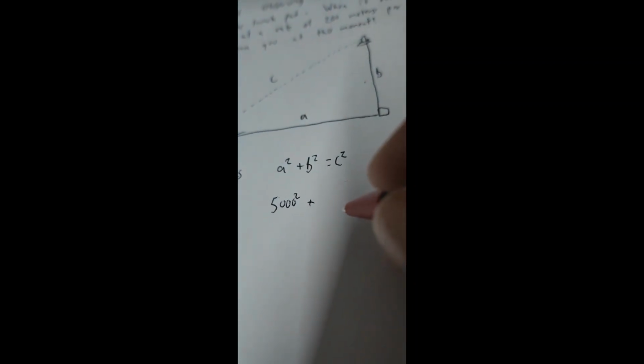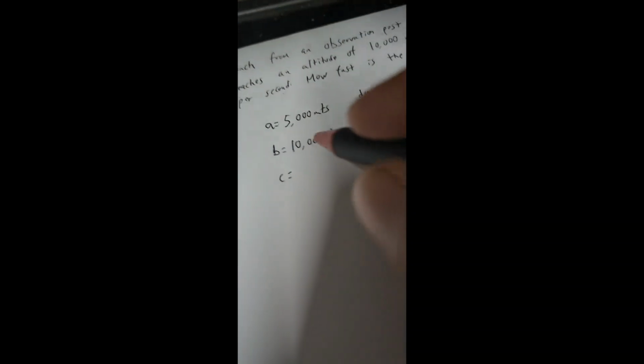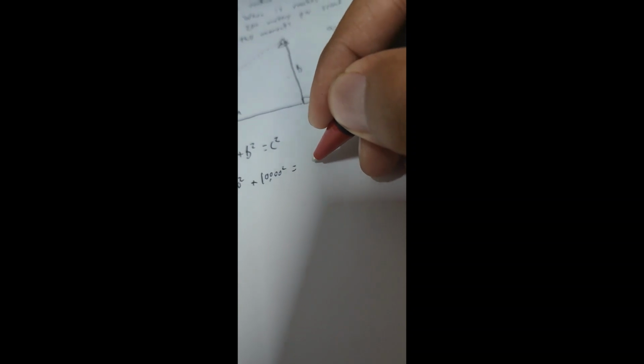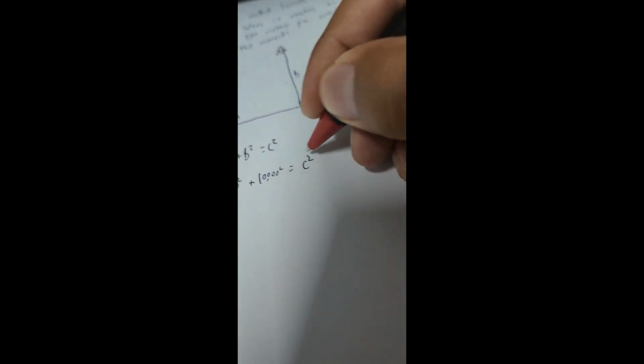So we put right here 5,000 squared. Don't forget about the square. Plus 10,000 squared, which is this right here. This is equal to C squared.